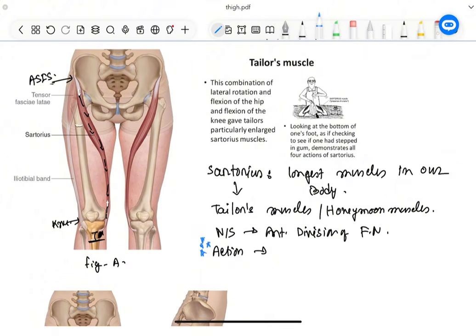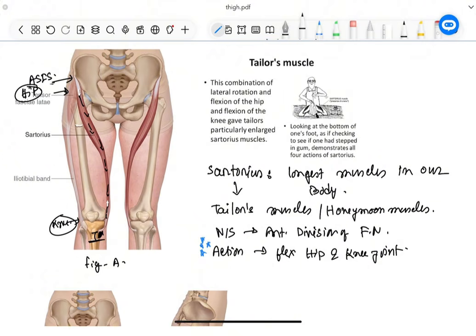By its actions we have given it different names also. So what is its action? Its action is to flex the hip and knee joint. You can see it starts from the anterior superior spine, which means it actually crosses two joints, the hip joint as well as the knee joint, so it will work on both joints.